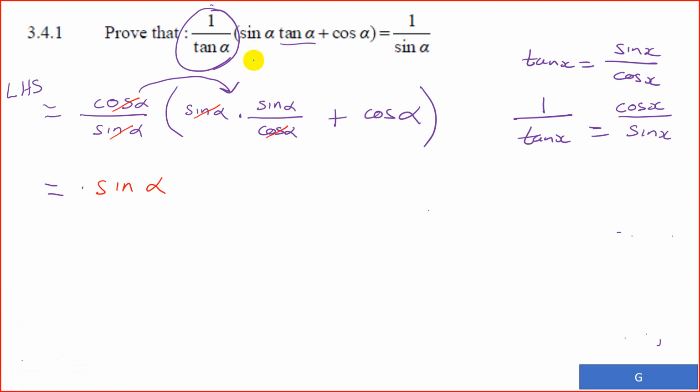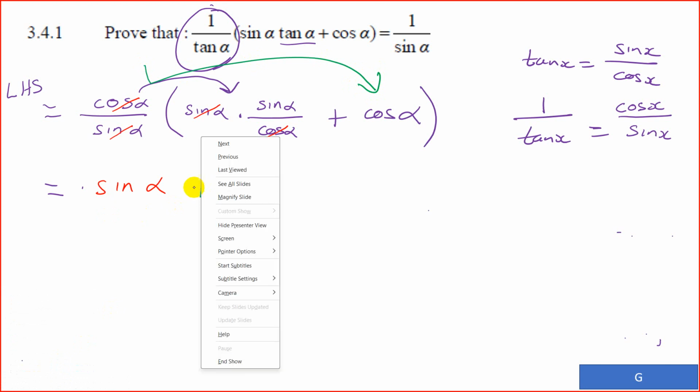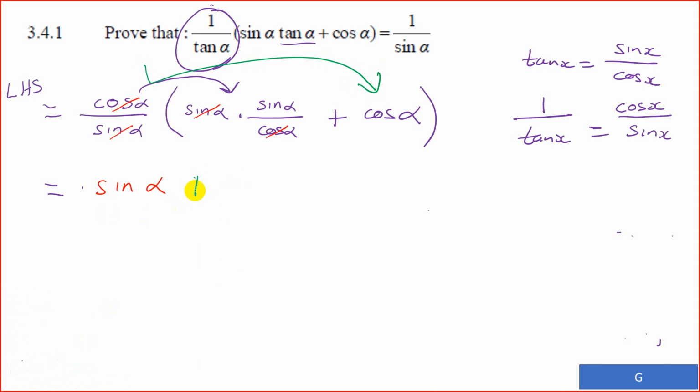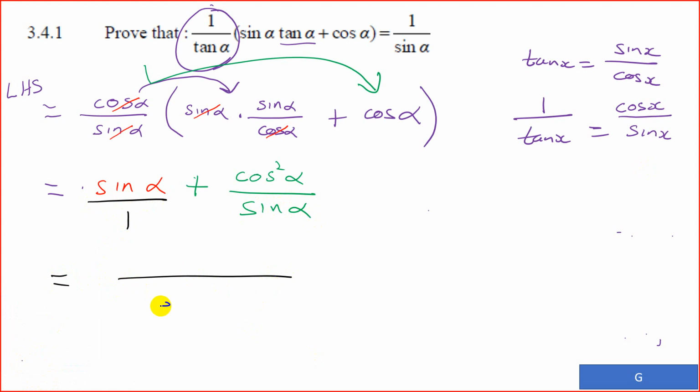Then we're going to multiply the first with the last using distributive law once again. And if we do that, we're going to get on the top plus cos squared alpha all over sine alpha. Okay, so what we're going to do next is put the sine alpha as a fraction, and now we have a common denominator called sine alpha.